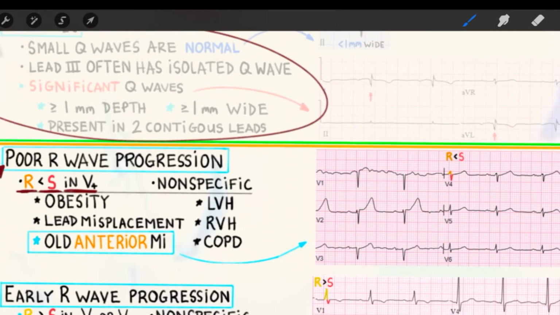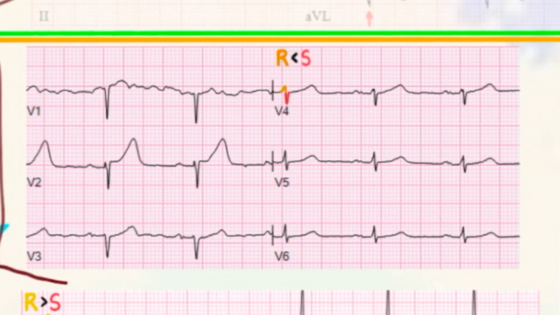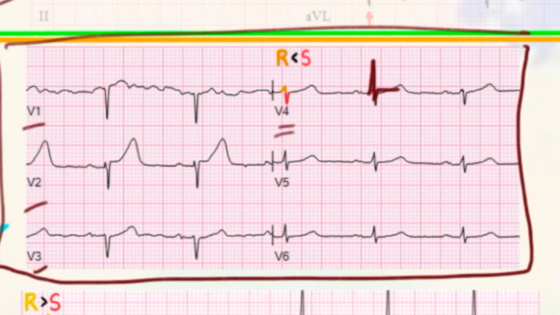So I'll show that here in this sample ECG, where it's a little confusing because this is just the precordial leads, so there are no limb leads there. V1, V2, V3. So you get over to V4. By the time you're at V4, you're expecting the R wave to be taller than the S wave, but it's not. R is less than S. So that's an example of poor R wave progression.